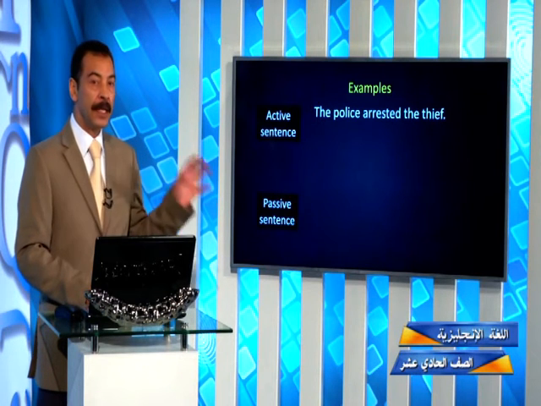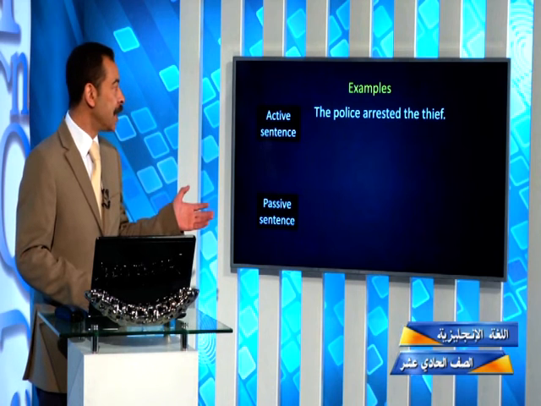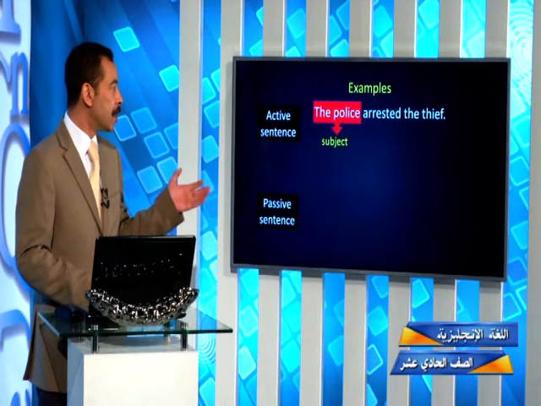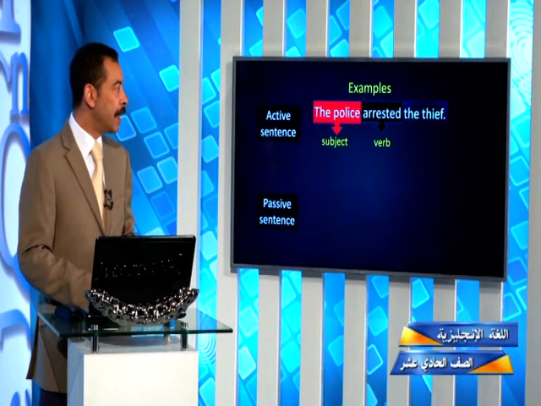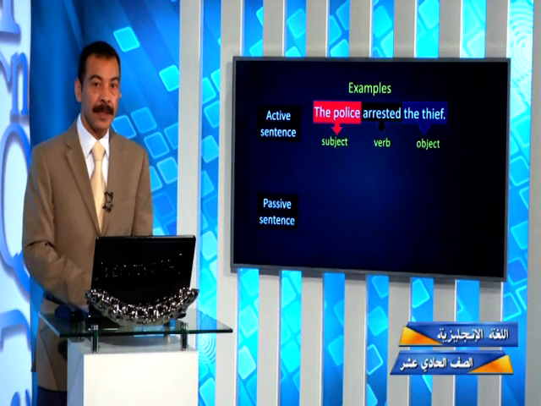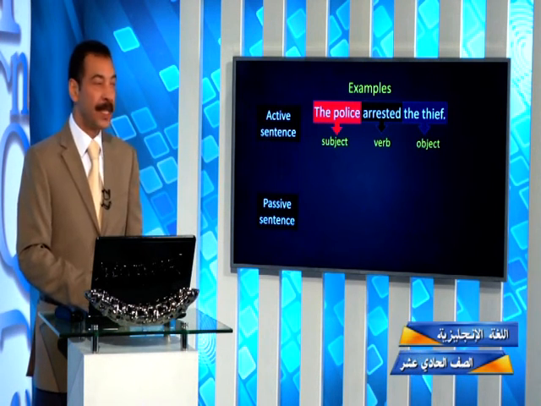First, you need to identify the parts of speech in the sentence. For example, here we have the police, which is the subject, and the verb arrested, which is the verb, and the thief is or functions as an object in this sentence. Again, you need to identify the tense of the sentence.